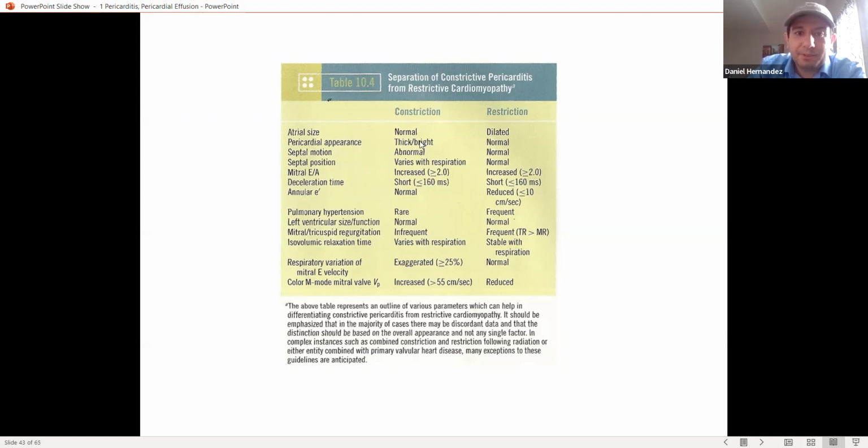The pericardium appears thick and bright, while with restrictive cardiomyopathy it appears normal. Septal motion is abnormal with constrictive pericarditis, so we can see a septal bounce, and it's normal with restrictive cardiomyopathy. Septal position varies with respiration.